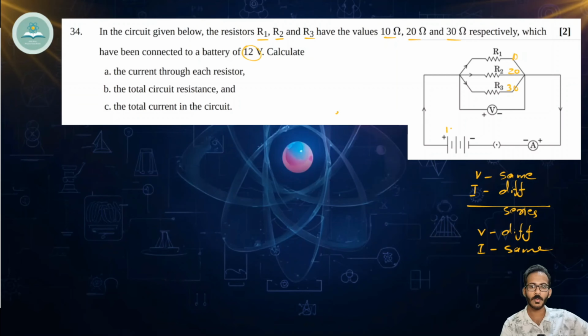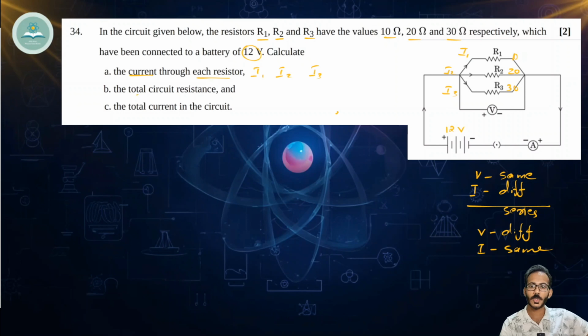So this one is having a potential difference of 12 volt. We have to calculate the current across each resistor. Let me call the currents I1, I2 and I3. We have to find out all the currents I1, I2 and I3.